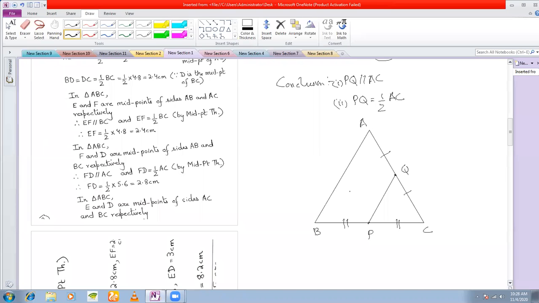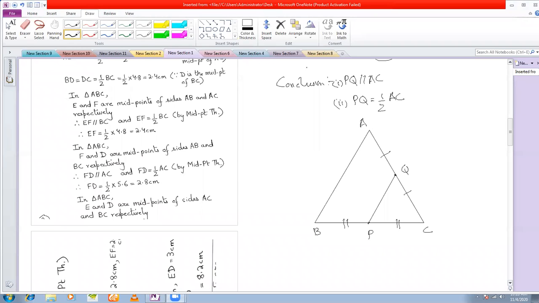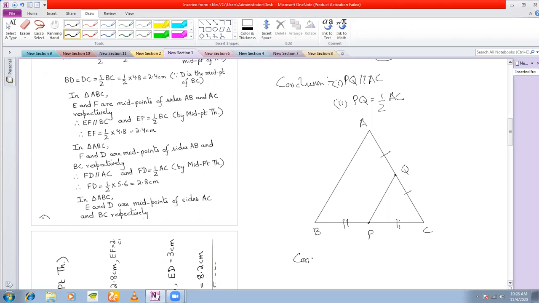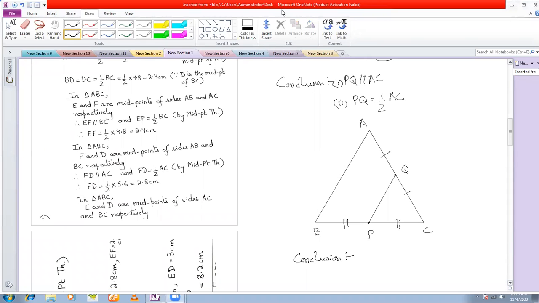Sonam, can you tell me what I can conclude? Are the conditions of the midpoint theorem being satisfied here? Yes, sir, it is satisfied. Okay. Then what can I say?